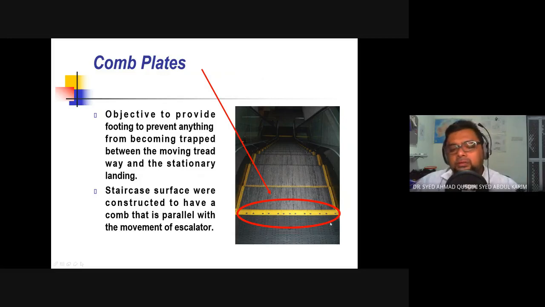Obviously there will be a small gap between the landing and the steps, and we don't want people's feet to get stuck in there. So we install comb plates, which will automatically eject the user's feet from the steps onto the landing.